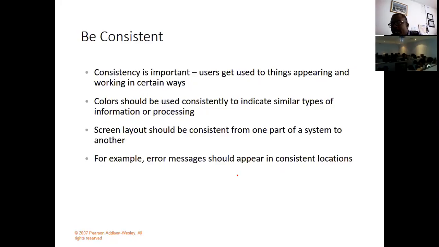So you don't want to have a text field at the top of the screen, and when the user puts in something and presses a button, you regenerate the screen and the text field is now at the bottom. To tell them that, okay, an error was encountered, you entered the wrong data, please re-enter, and then the text field moves to the left or moves to the right. You want to be consistent, right?